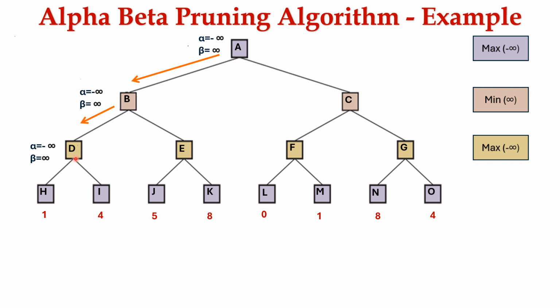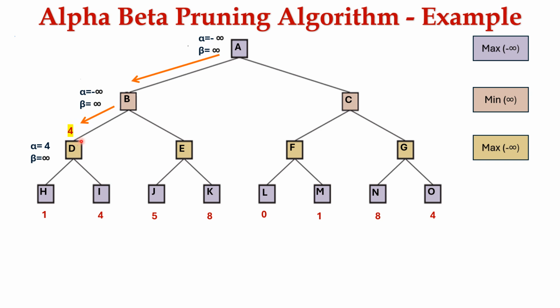Next, it compares node H value 1 with node D value alpha, that is minus infinity, and updates the node D value as 1 since it is the maximum value. Next, it compares node I value, that is 4, with the current D value, that is 1. Since 4 is larger, node D value is updated as 4 as its final value.